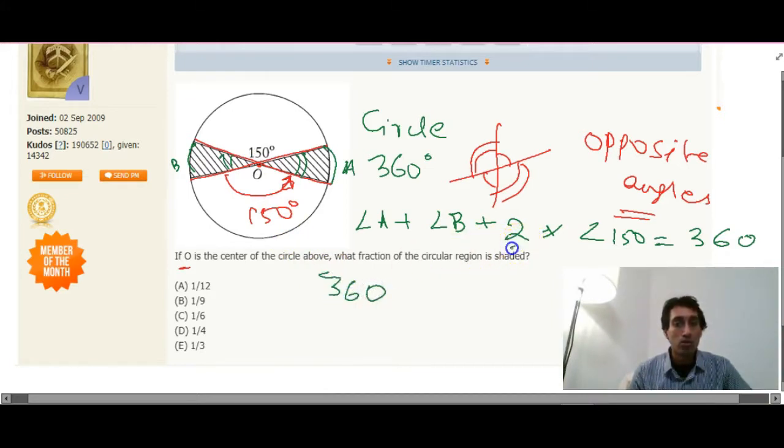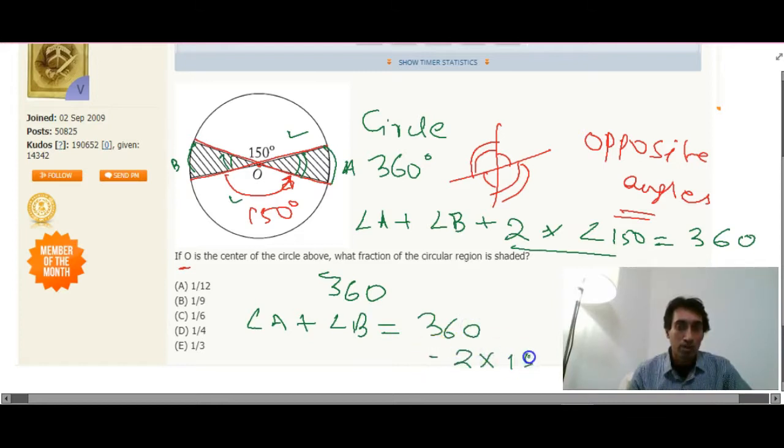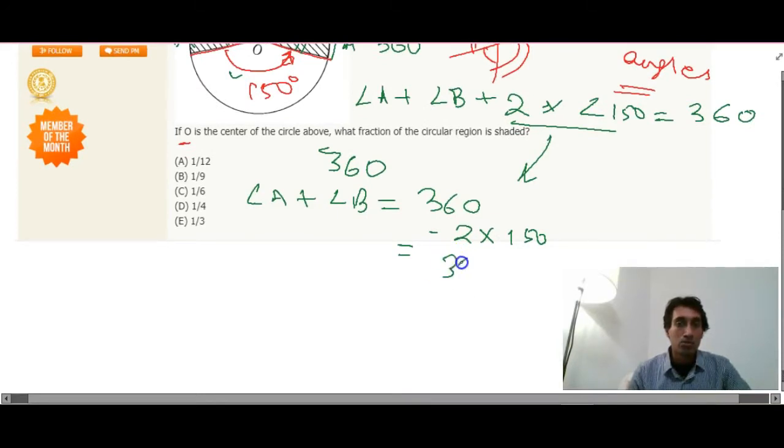And why did I write 2 into 150? Because this angle and this angle are equal due to the rule of opposite angles. So the sum of angles A plus B will be equal to 360 minus 2 into 150 from this equation, and that will be equal to 360 minus 300, which is 60 degrees.